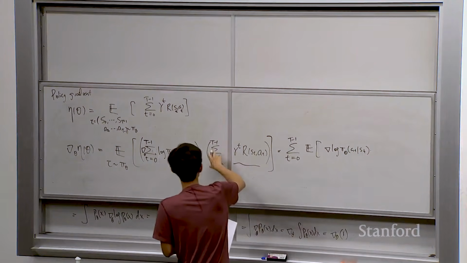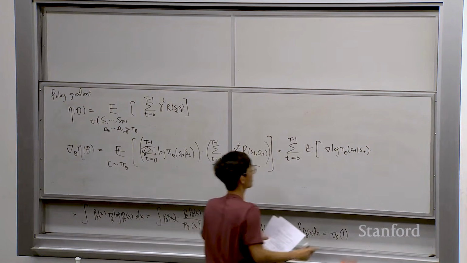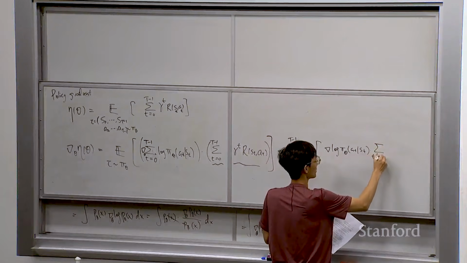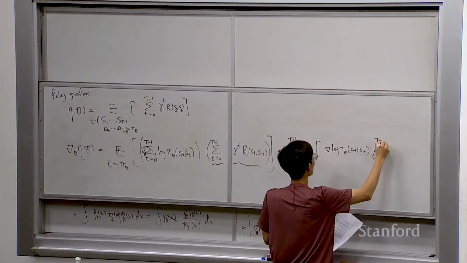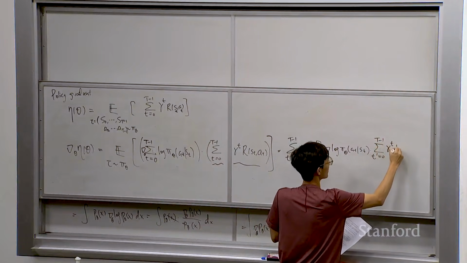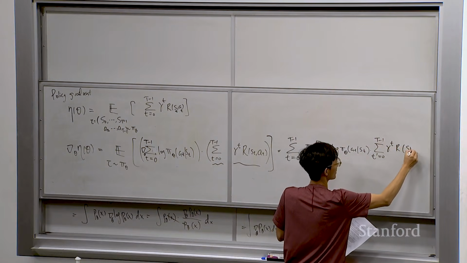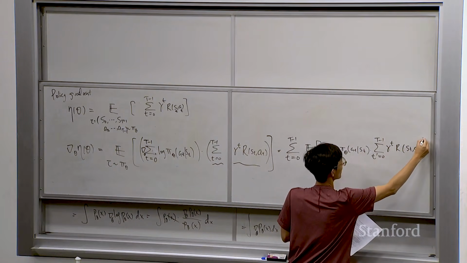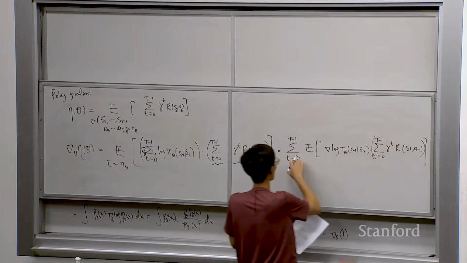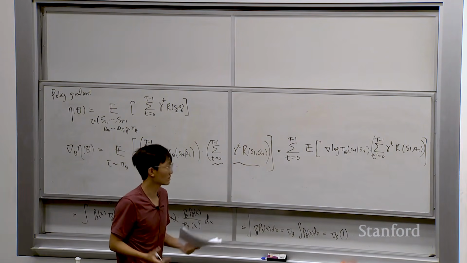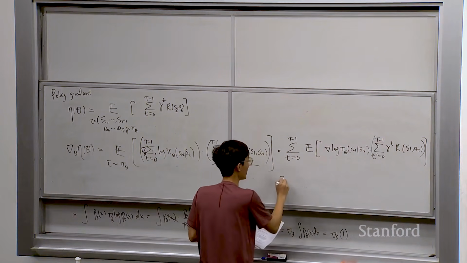And now let's use a different variable for the iterate here: t prime from 0 to T minus 1, gamma^t' r(s_t', a_t'). This is nothing but putting one of the sums outside. I'm not using anything yet.